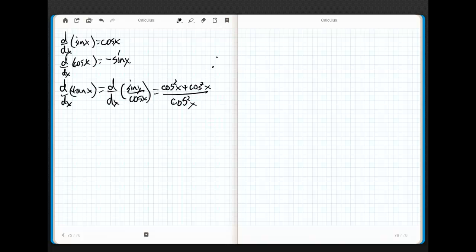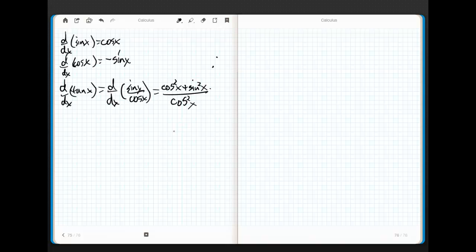All right. Well, what just happened there? Wait, what did just happen? Try this again. I'm looking at this going, wait, that's not right. Let's try it again. Low d high gives me this, minus high d low. D low is negative sine, so it's going to be plus sine squared x.